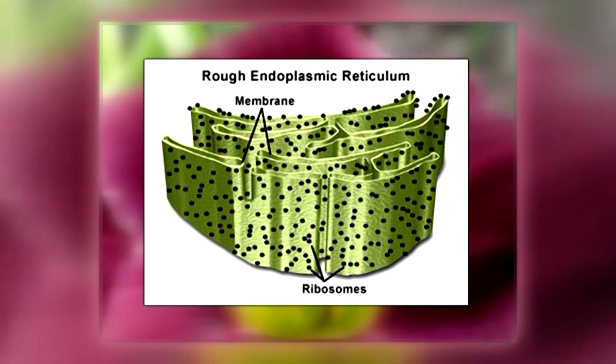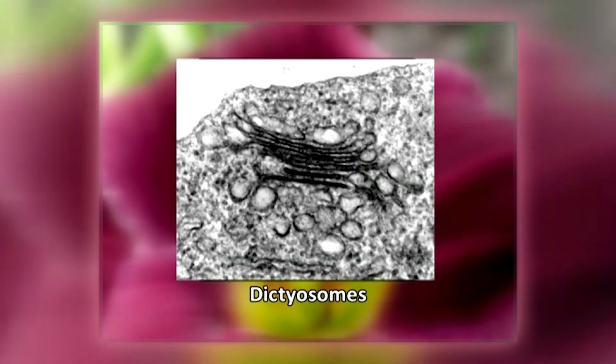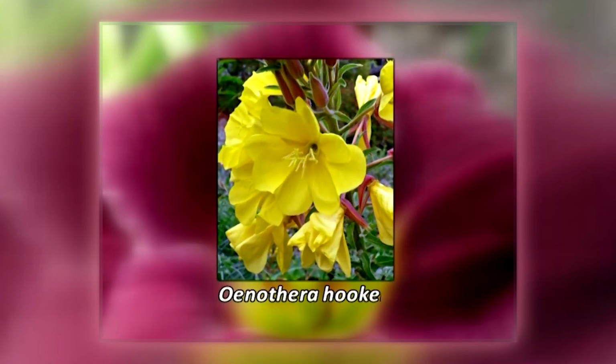The relatively dense cytoplasm of generative cell contains mitochondria with conspicuous internal membranes, endoplasmic reticulum, dictyosomes, and abundant free ribosomes. In species like Oenothera hookeri, the generative cell also contains plastids, but they do not contain starch. The nucleus of the generative cell occupies most of the cell volume. The nuclear envelope has numerous pores in its double membrane.